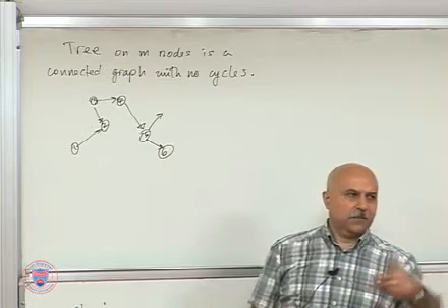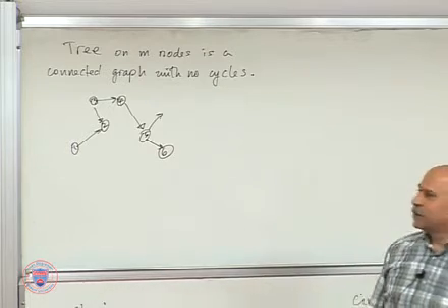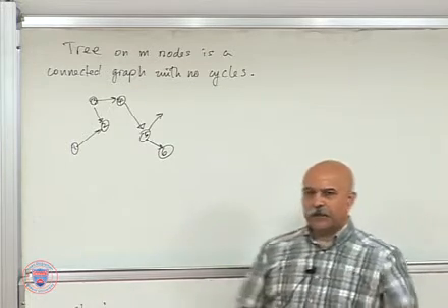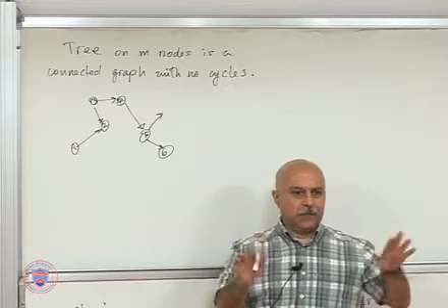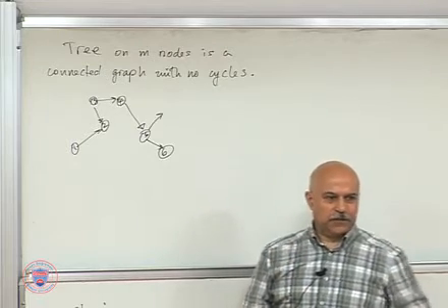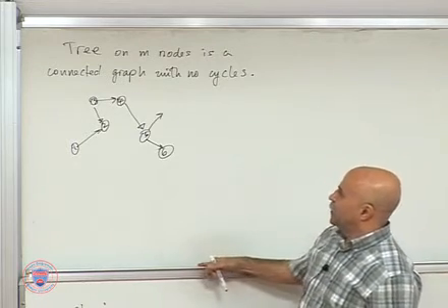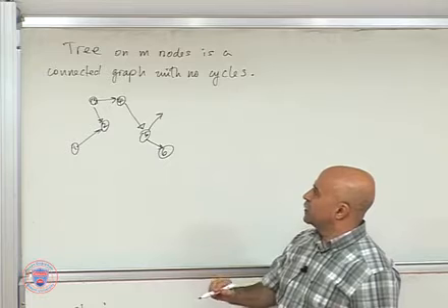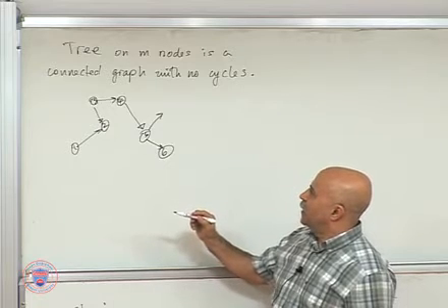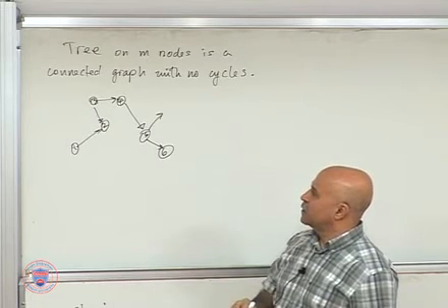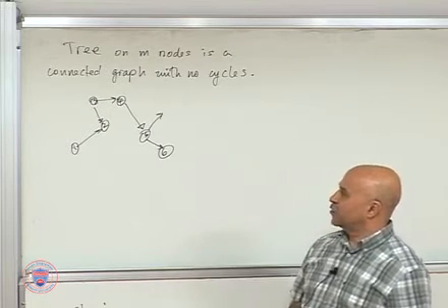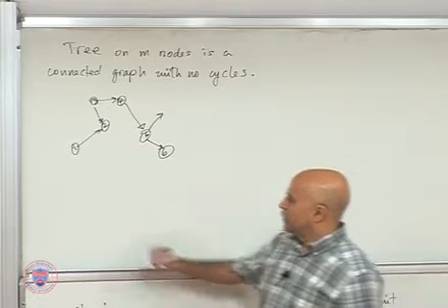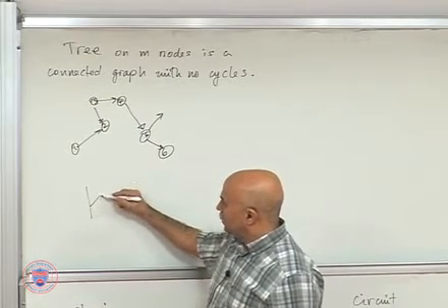Well, when I say connected, I mean weakly connected. Whenever I use the term connected, I mean weakly, unless otherwise specified. So this is weakly connected, and it has no cycles, and so it's a tree. This is also a tree.